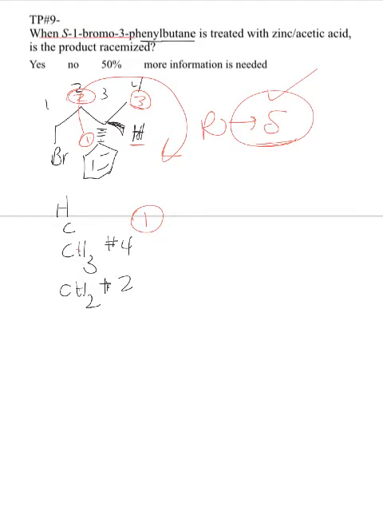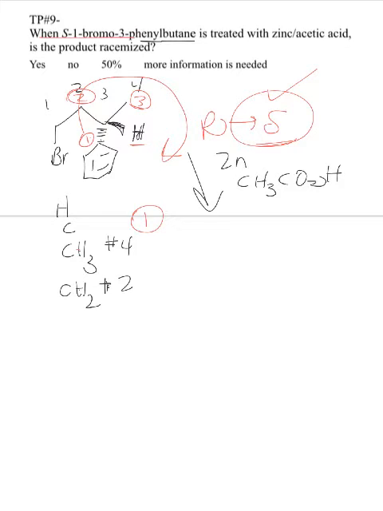and we happen to draw it correctly. Now the question is, what if you treat this with zinc and acetic acid? Okay, so that's acetic acid, sometimes used as a solvent. Is the product racemized? Well, what's zinc going to do?